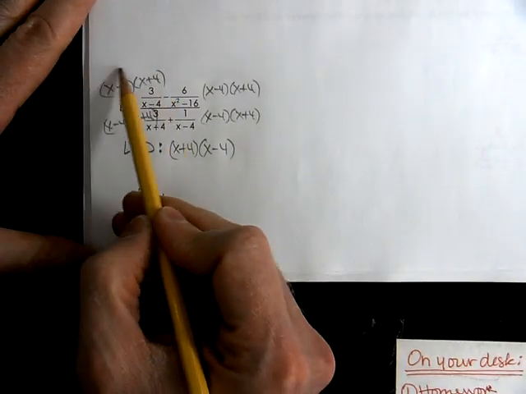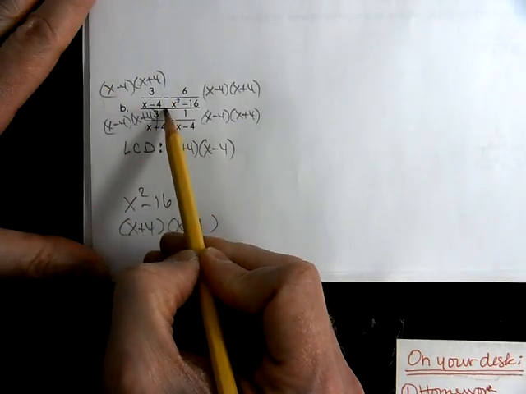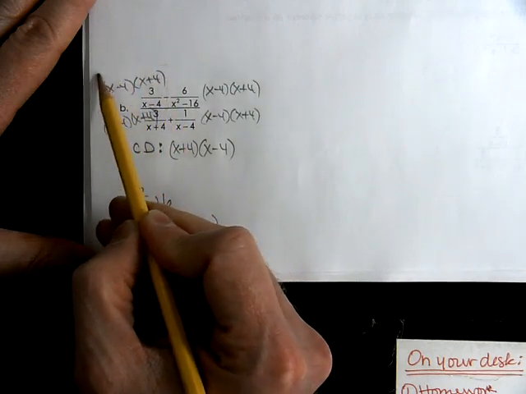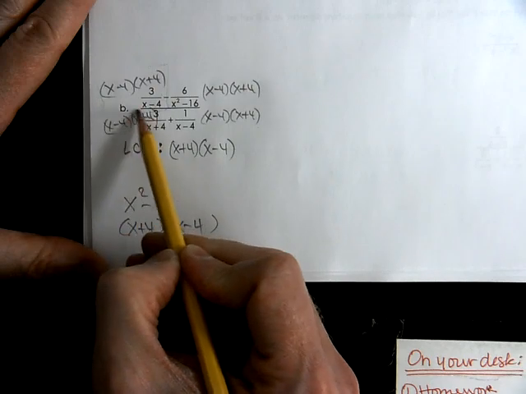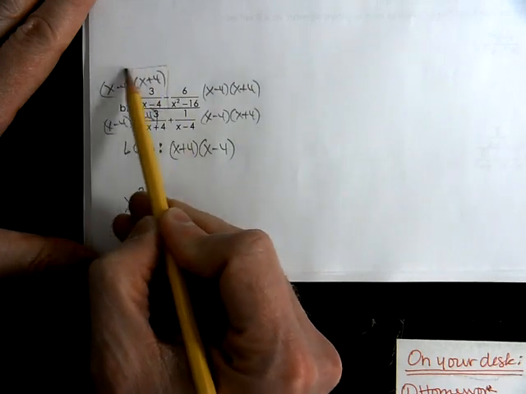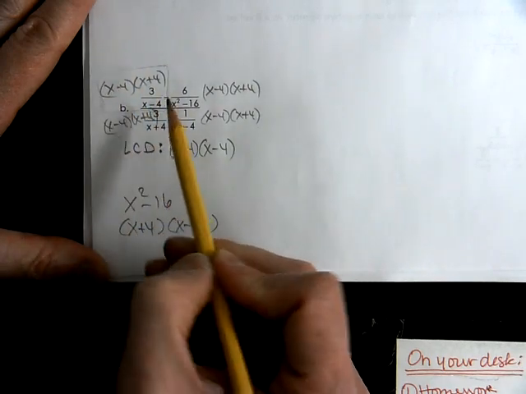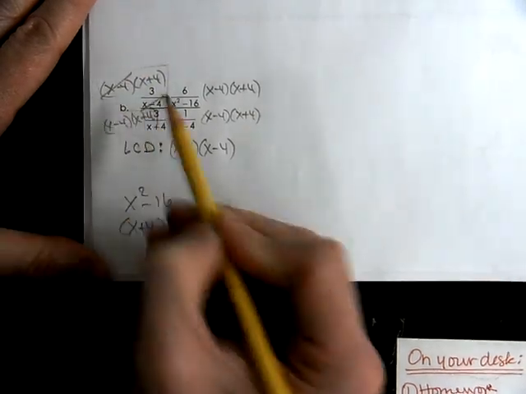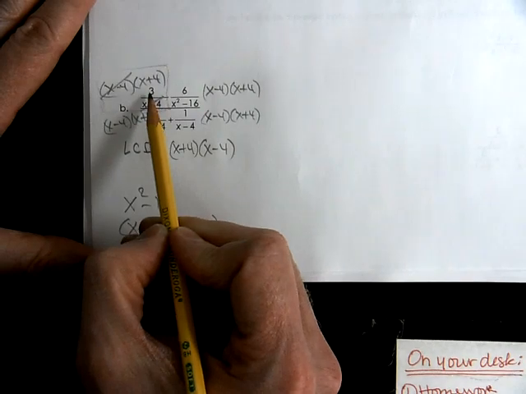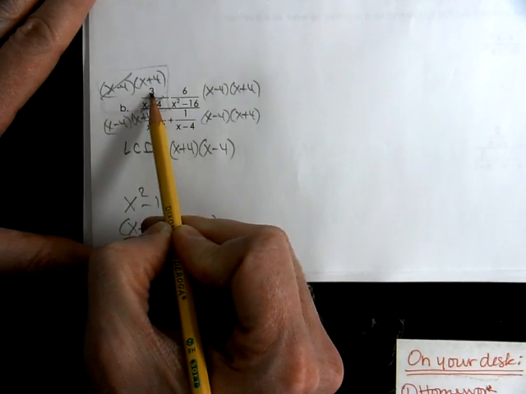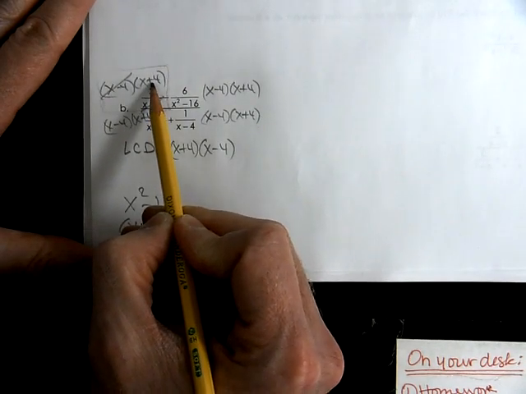Now we're just going to work with this portion. What's going to cross out? The x minus 4 is going to cross out. And what are we going to have left? 3 times x plus 4.